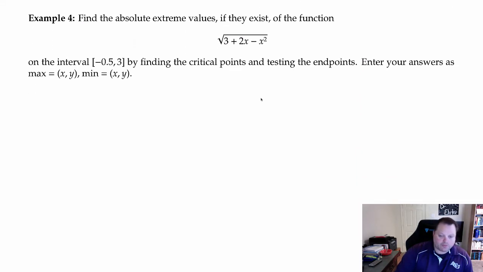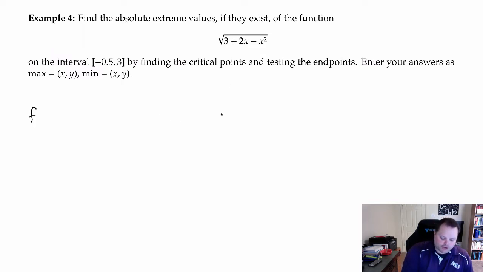All right, so we'll work through this example together. We're going to find the absolute extreme values if they exist for this function, and it's very important that you take note of the interval here. We're on the interval from -1/2 to 3. We're going to find the critical points and test the endpoints, and then we'll also look at this in Desmos.